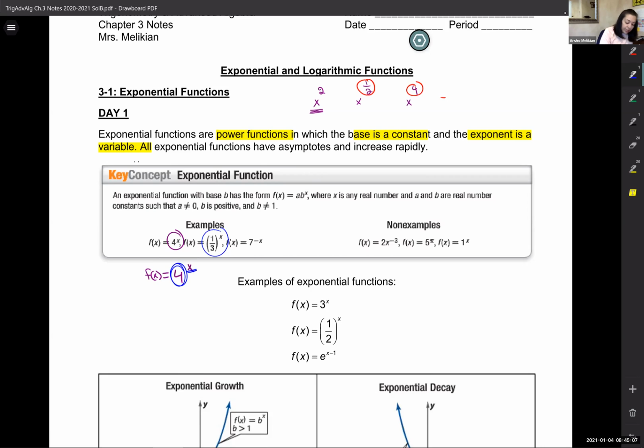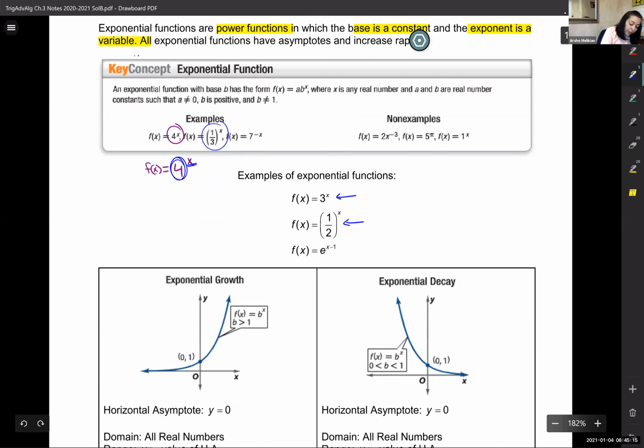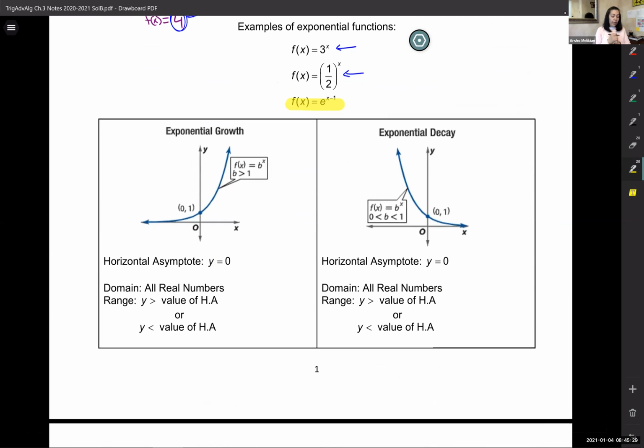And you can see some examples here: 3 to the x, 1/2 to the x. Or this is another exponential function, e to the power of x minus 1. Have you guys seen e before in intermediate or algebra 2? Yeah, okay.